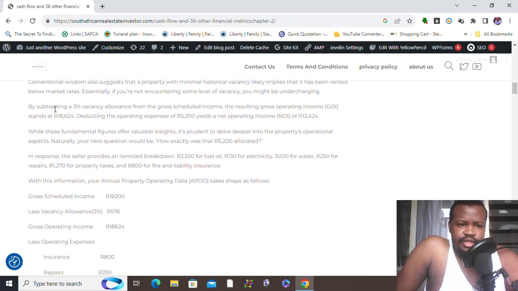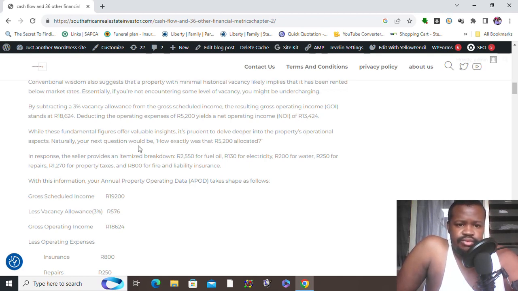By subtracting a 3% vacancy allowance from the gross scheduled income, the resulting gross operating income stands at 18,624. Deducting the operating expenses of 5,200 yields an NOI of 13,424. While these fundamental figures offer valuable insights, it's prudent to delve deeper into the property's operational aspects.